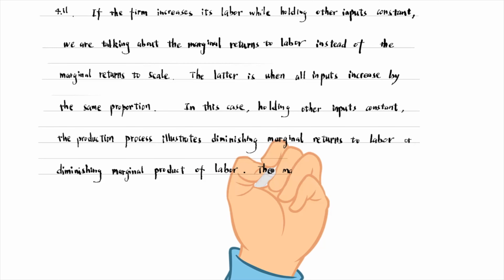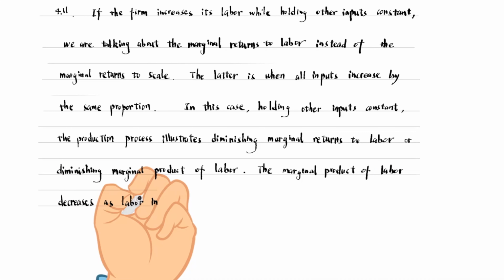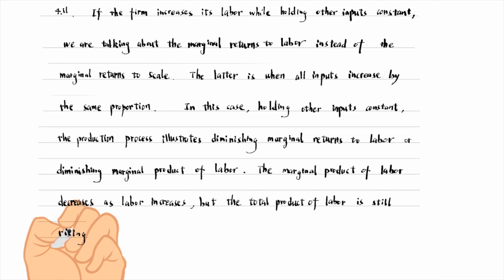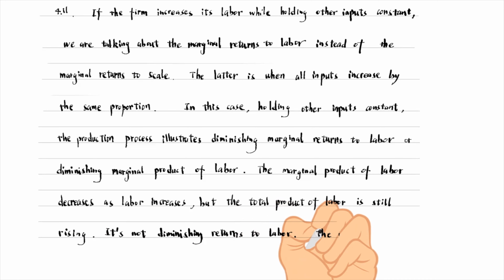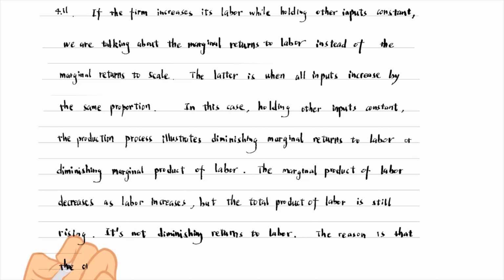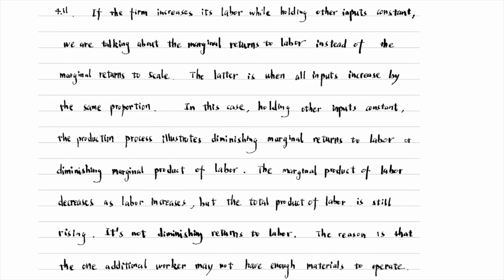The marginal product of labor decreases as labor increases, but the total product of labor is still rising. So it is not diminishing return to labor. The reduction is in the marginal sense. The probable reason is that the one additional worker may not have enough materials to operate.